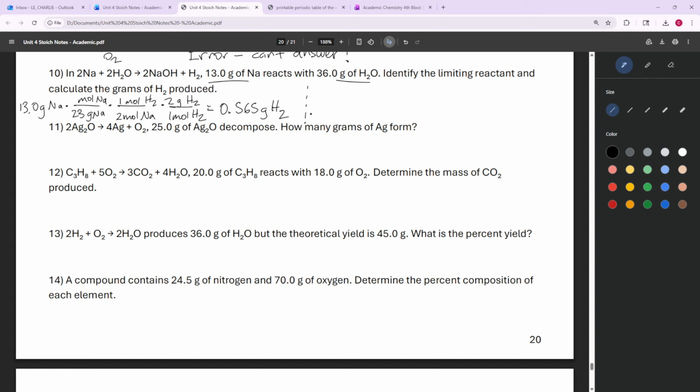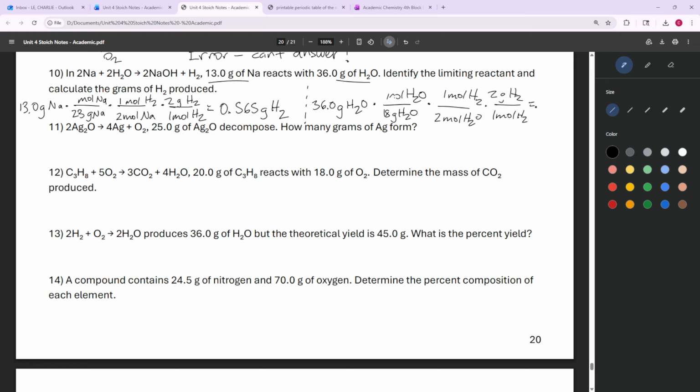And if we compare that to the 36 grams of water we have, so 18 grams of water for every mole of water, times for every 2 moles of water, we get 1 mole of hydrogen. And for every mole of hydrogen, 2 grams.